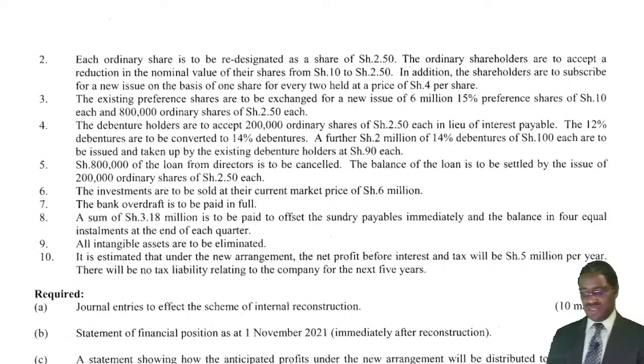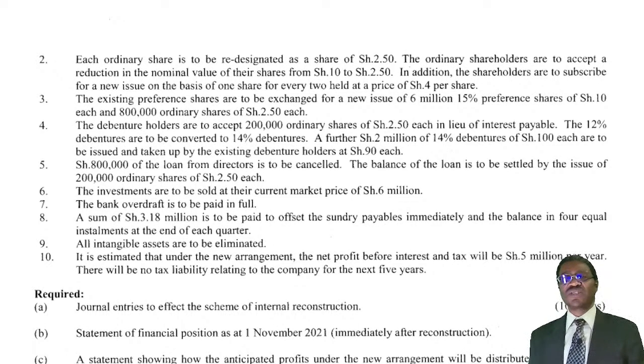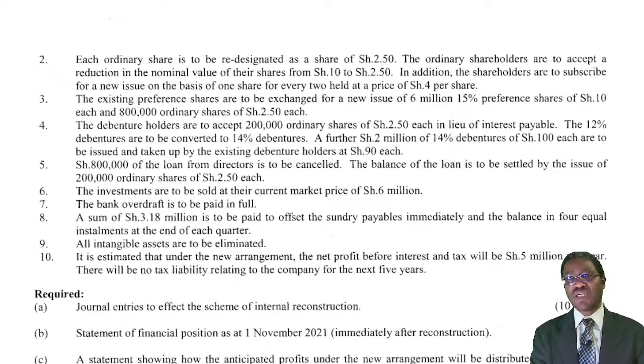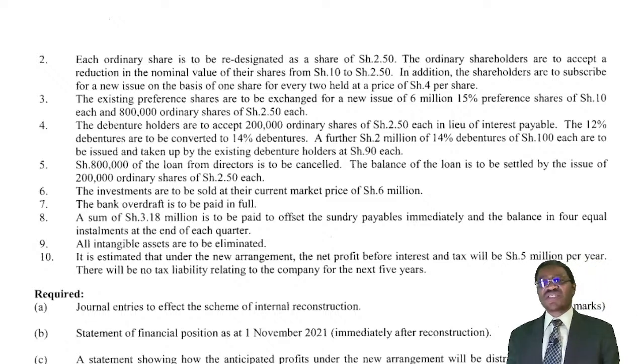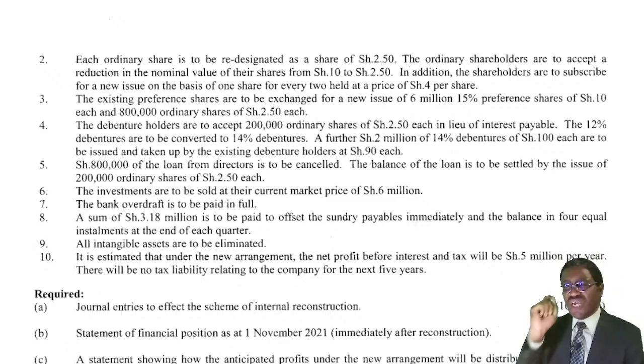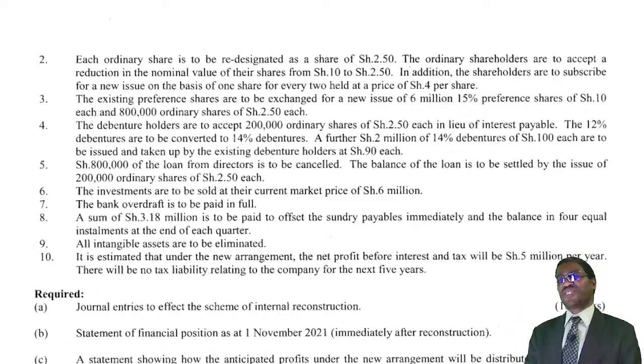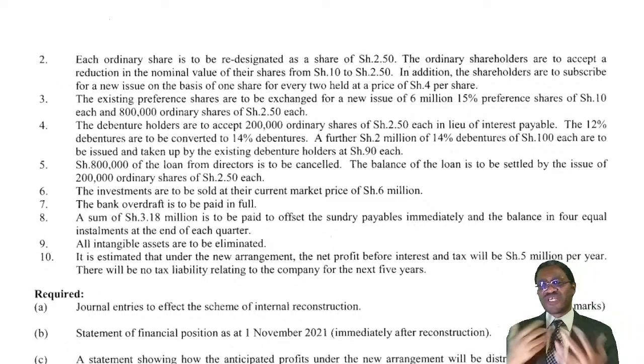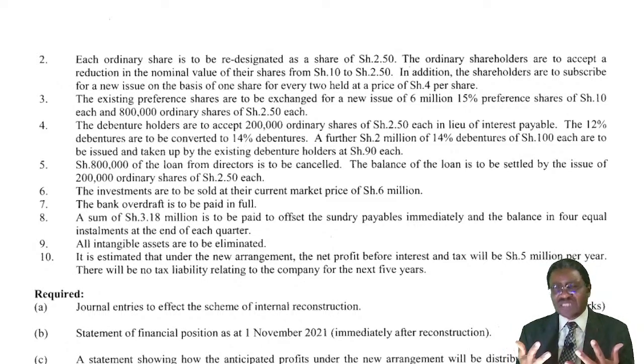Note number 3 says the existing preference shares are to be exchanged for a new issue of 6 million 15% preference shares of 10 each and 800,000 ordinary shares of 2.5 each.